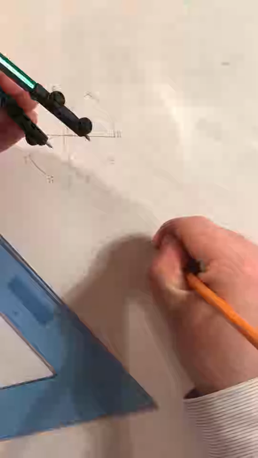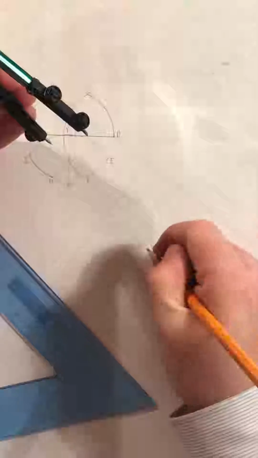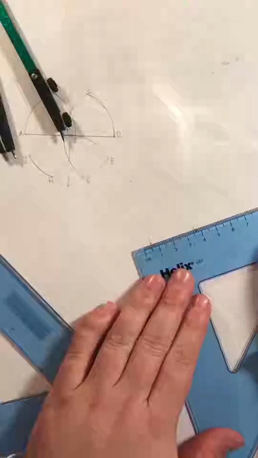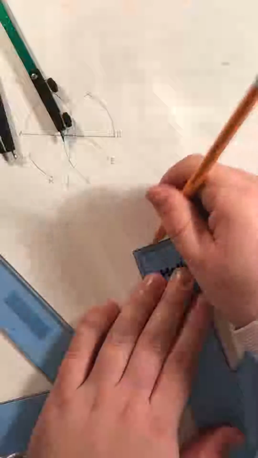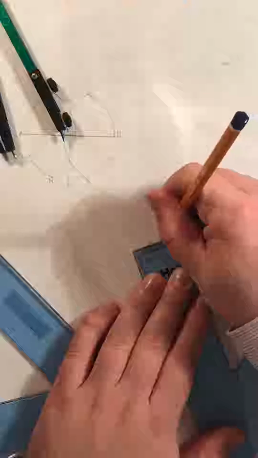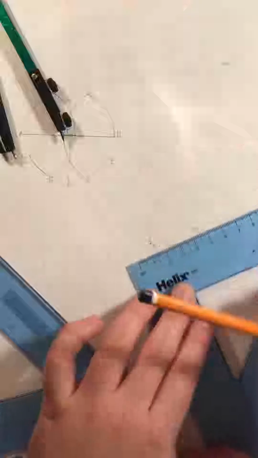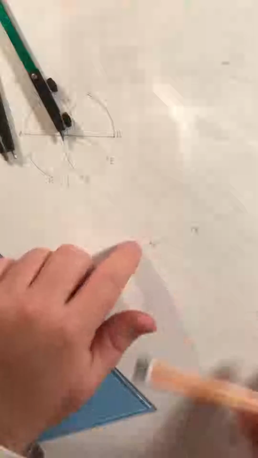So to be accurate, there's G1. I'm going to draw my line from G1 through to P1. I'll check to see if you can see that.